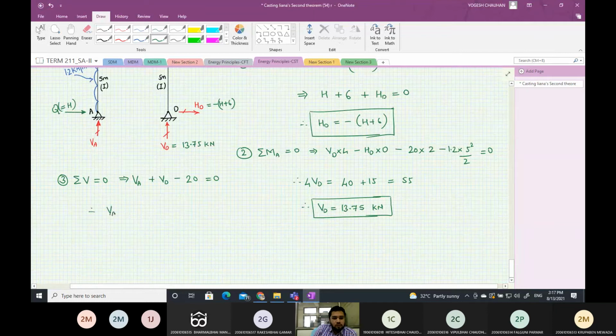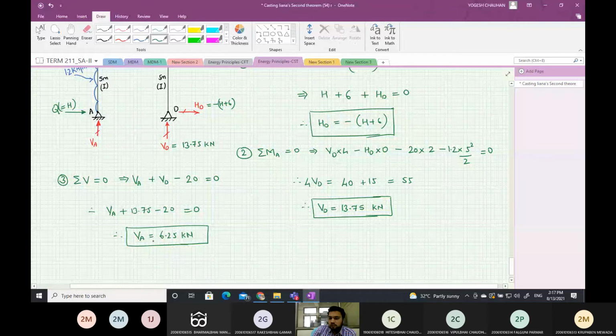So therefore VA plus 13.75 minus 20 equals to 0. So VA will be equal to 6.25 kN. So we have found all the unknowns in terms of H.